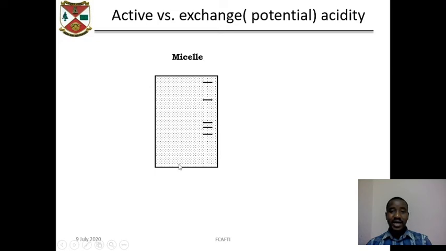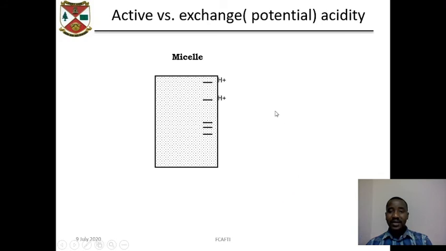If you assume this rectangle represents a soil particle or a clay particle, and we said in class that the clay particle has negative charges, so assume these dashes are negative charges in this clay. A micelle is the smallest unit of clay. Please understand that.